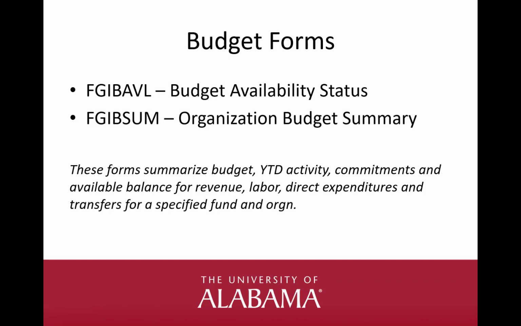Budget forms. FGI BAVL is Budget Availability Status. FGI BSUM, Organization Budget Summary. These forms summarize budget, year-to-date activity, commitments, and available balance for revenue, labor, direct expenditures, and transfers for a specified fund and org.